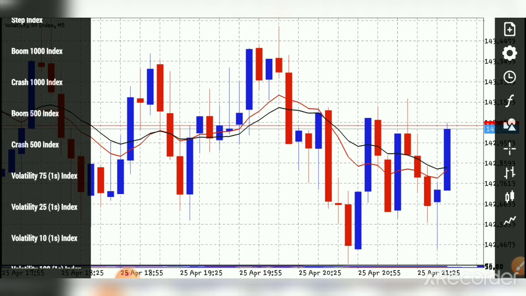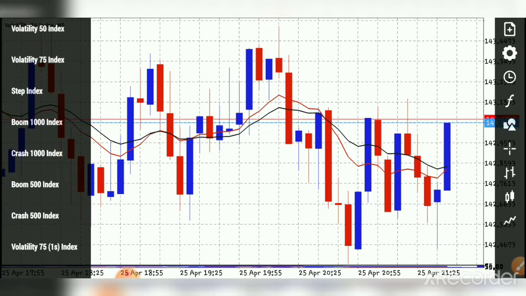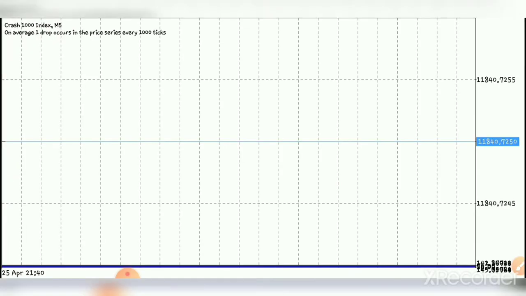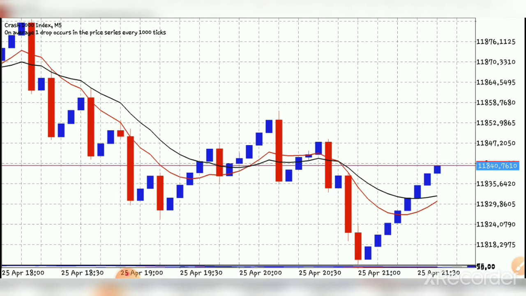So looking at these four assets now, let's start from crash 1000. Their charts are not the same thing, but their movement is the same thing. For crash 500 and crash 1000, the normal trend is uptrend. Whenever crash is on uptrend, that's the general trend for crash.